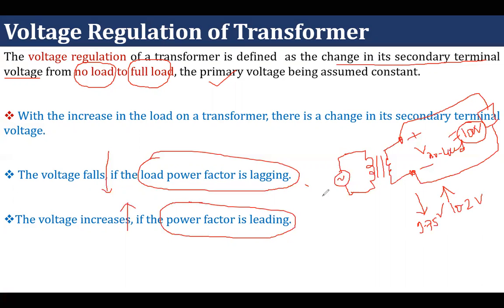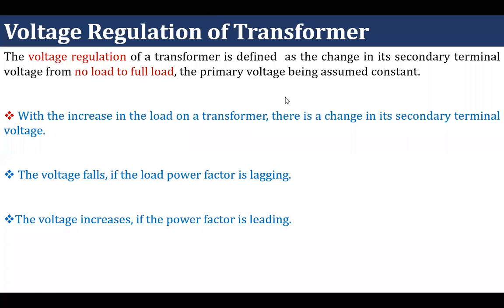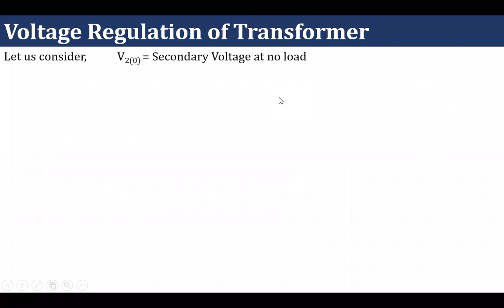Okay, so depending on these situations, the output voltage will increase or decrease. Now let us consider that V20 is the secondary voltage at no load, and V2 is the secondary voltage at full load.